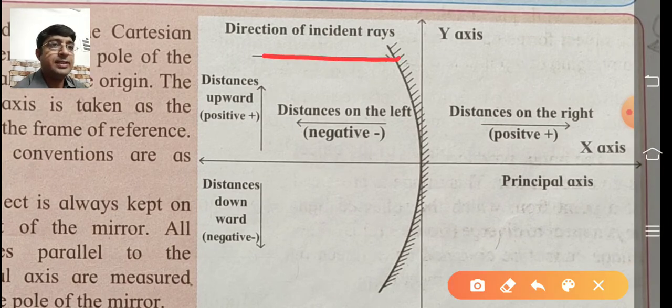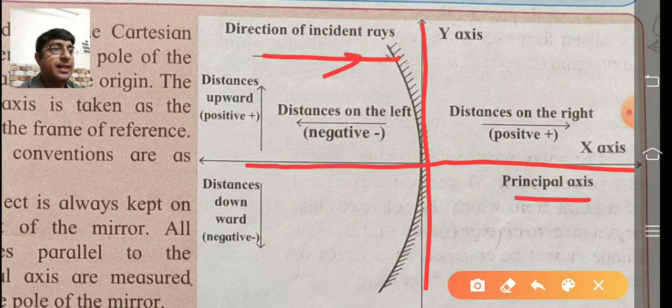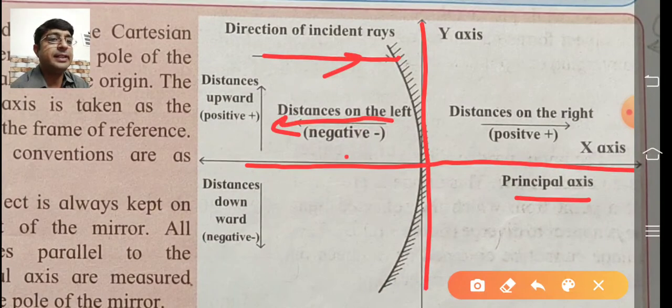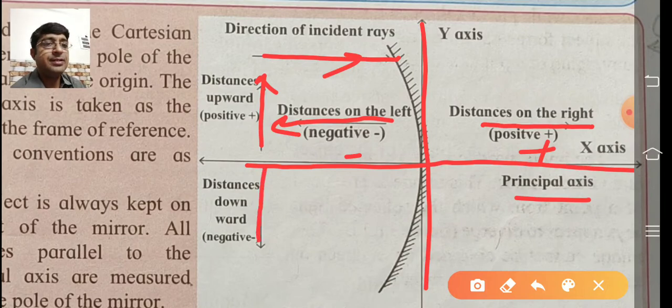The direction of the incident rays. It is a y-axis. It is a x-axis. X-axis considered as the principal axis. Now distances on the left hand side are considered negative. Distances on the right hand side are considered positive. Distances upward are considered positive. Distances downward are considered negative.